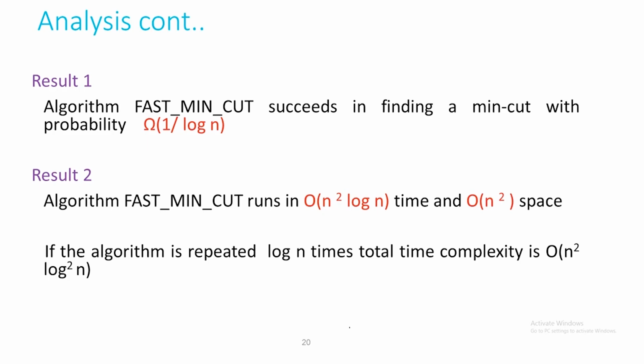Now, can you compare Karger-Stein algorithm and the improved version? The probability of success as well as the computational complexity, if you compare, the probability of success is at least 2 by n square there, here it is at least 1 by log n, okay. Log n is a slowly growing function, okay.